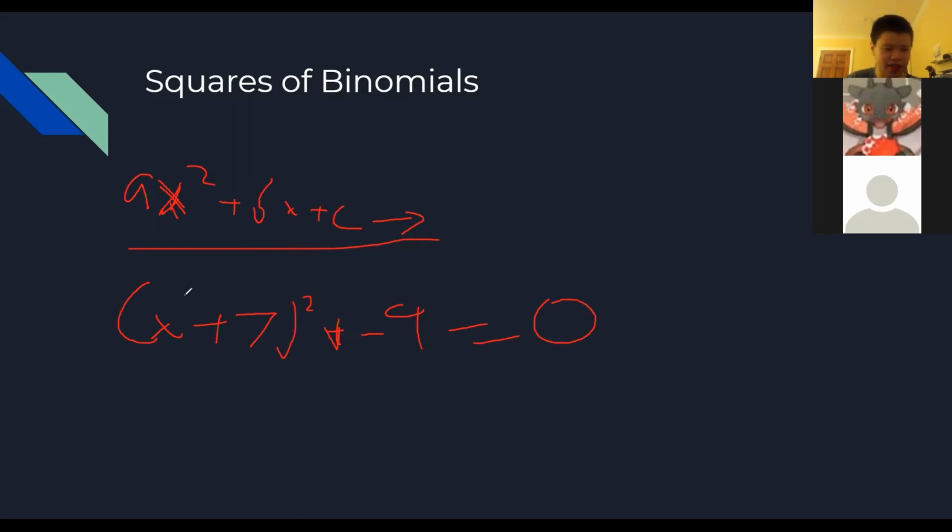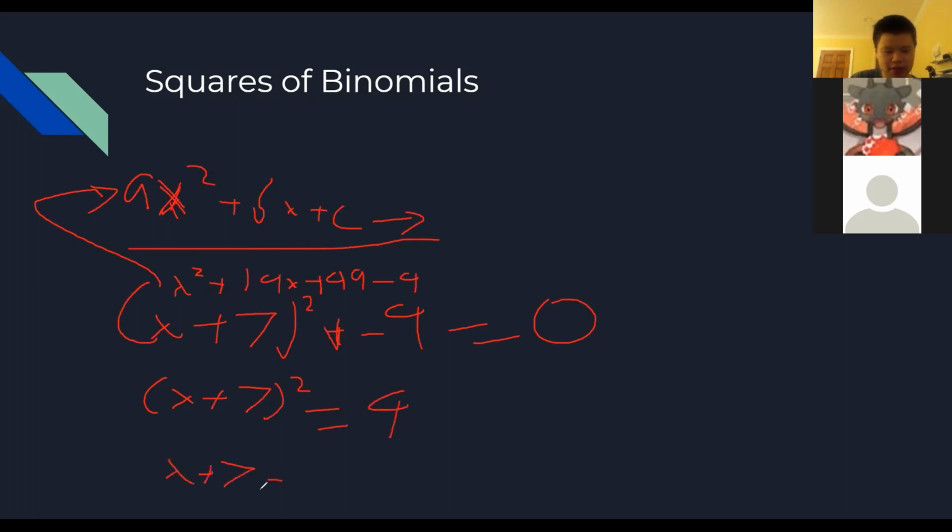This is a quadratic, since this expands into this, which matches up with this format. And this is really easy to solve, since x plus 7 squared equals 4, so taking the square root, x plus 7 equals plus or minus 2. X will equal either negative 5 or negative 9.